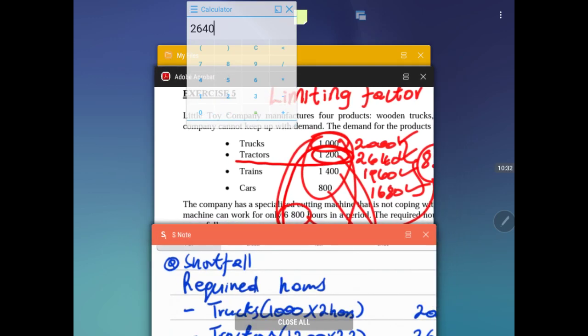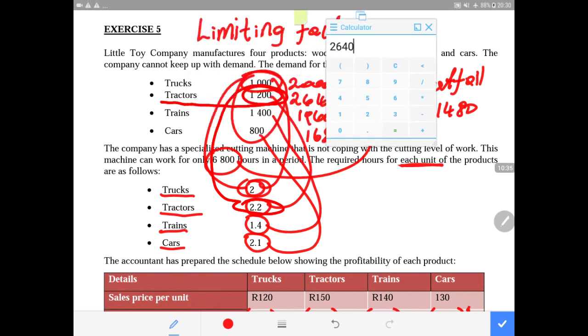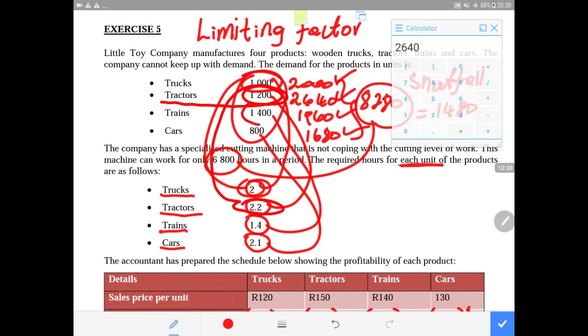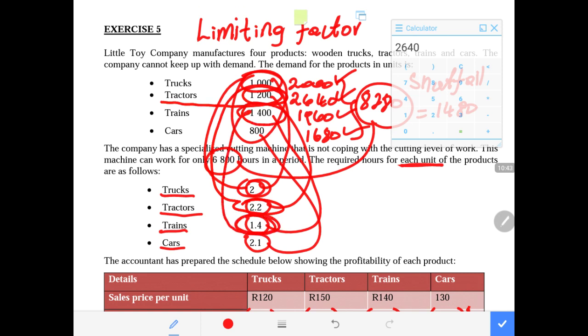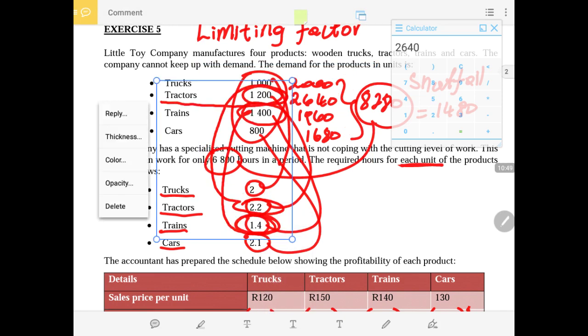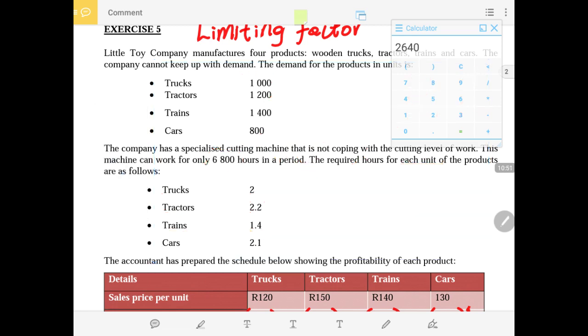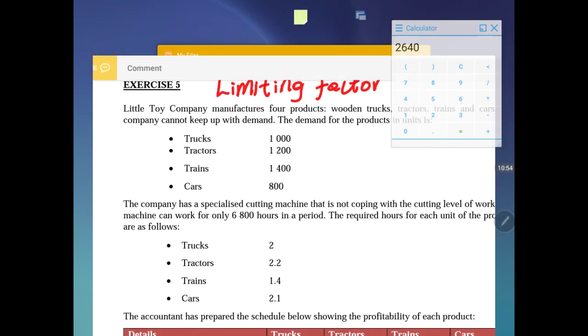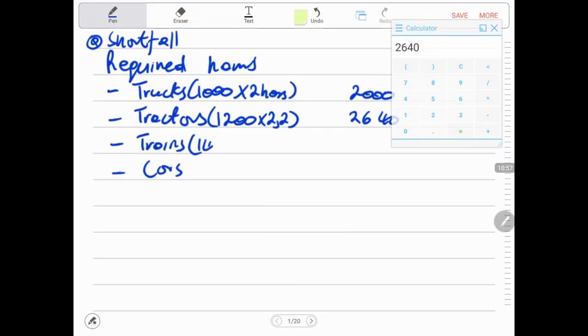For the trains, we need to know how many units are required. The trains we require to manufacture are 1,400 units, and it takes 1.4 hours to complete 1 unit. So we have 1,400 units times 1.4 hours. It gives us 1,960.